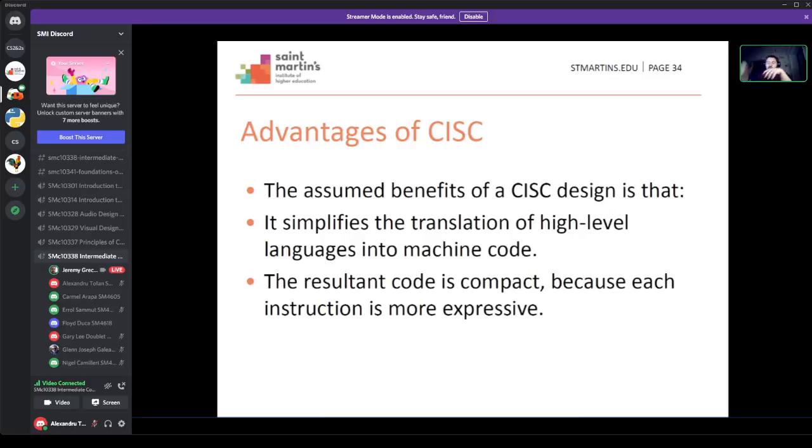What do I mean by this? If I had an instruction that would be able to, I don't know, perform some highly complicated mathematical construct like differentiation or integration, which is hard coded within your CPU, then probably the translation is actually going to be simpler.